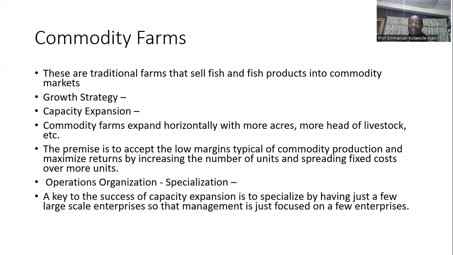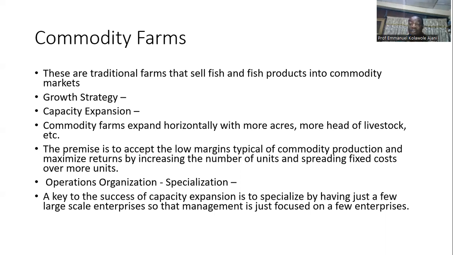They take it to Abuja market. They take it to Onitsha market, where they are selling fish, the fish market. These are traditional farms, and this kind of farm is common in fish farming. What is their growth strategy?